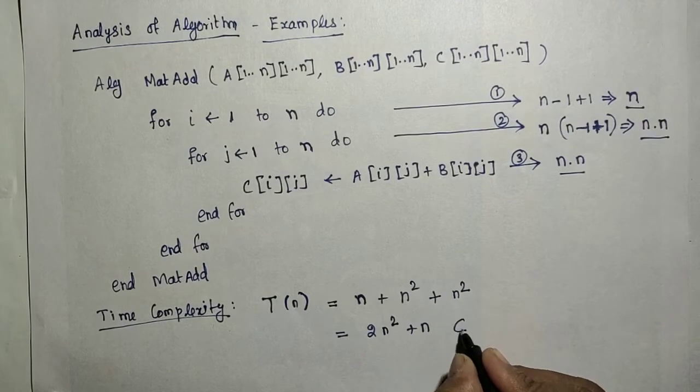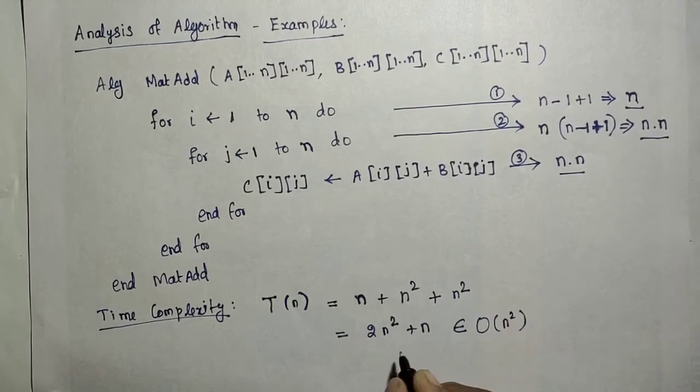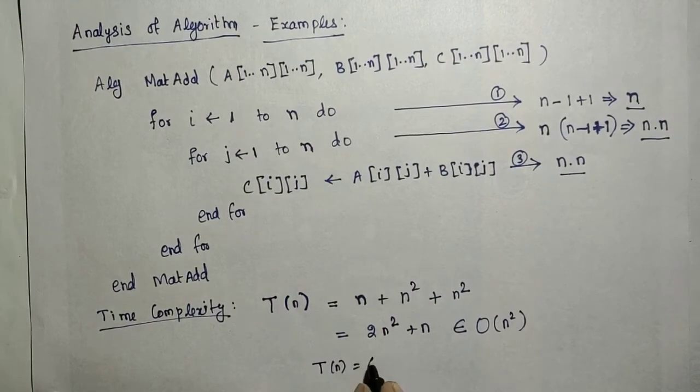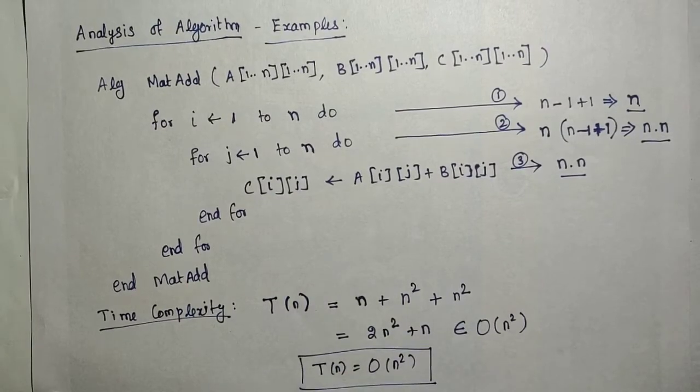So we can say that this belongs to big O of n squared. No need to prove it any further. If you get a polynomial expression, just consider the maximum power. So the complexity of this algorithm, T of n, is O of n squared. Like that you have to prove it.